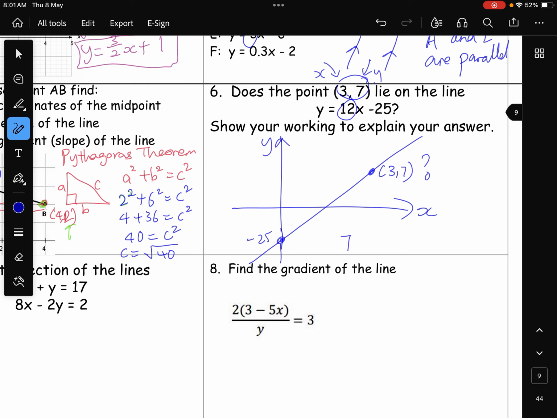I'm going to get 7, because y is 7, equal to 12, multiply by 3, subtract 25. Your job is to identify whether the left side looks the same as the right side. If they look the same, that's great. That means the point is basically on the line. But if they don't look the same, then it just simply means that the point is not on the line. So let's just work out the right hand side.